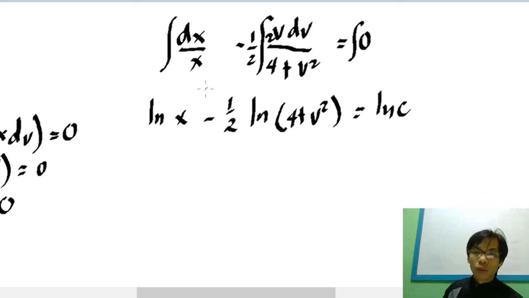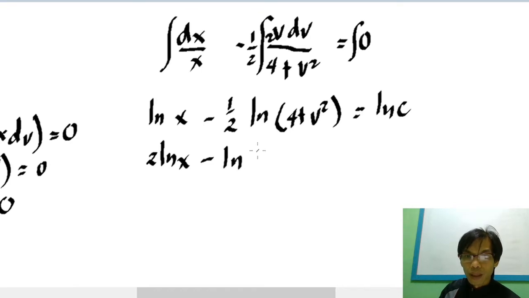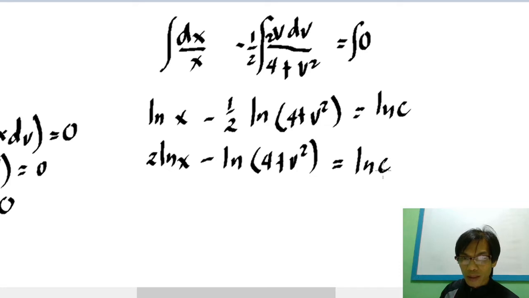If we try to eliminate this 1/2 in here, we'll just have to multiply by 2. So that will be 2 ln of x minus ln of 4 plus v squared, and that is equal to 2 ln of c, which is still a constant, so we put that as ln of c.